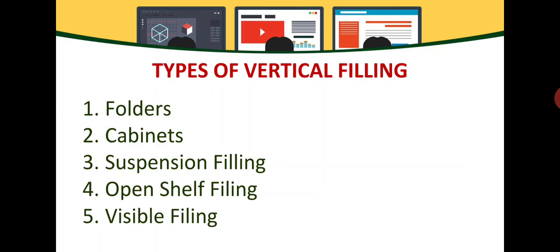Then after, you are going to remember the introduction part of the vertical filing system, its advantages and its limitations. So types are not important as far as the examination is concerned. It is only for your general knowledge.